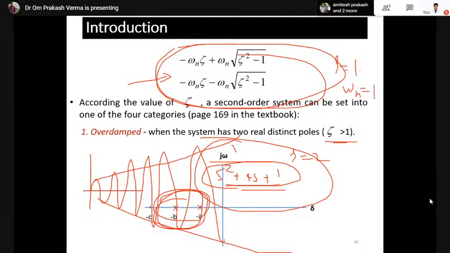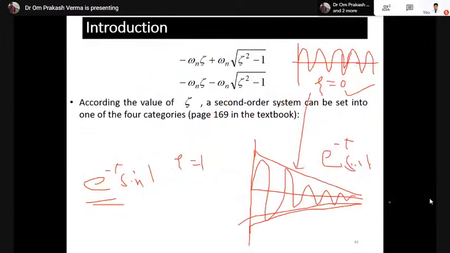Suppose we fix omega as 1 and vary the value of zeta, and as per their respective values, you can plot the poles at their locations, and you can also plot the response of that system by taking the inverse of that Laplace transform, okay.